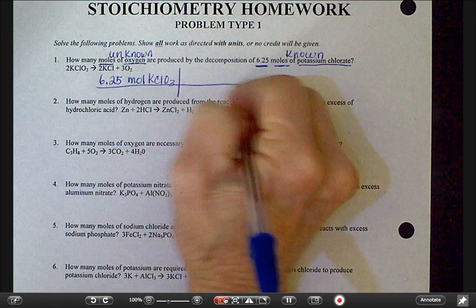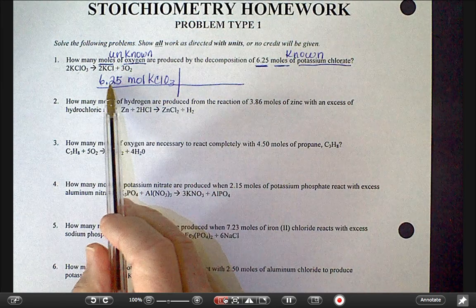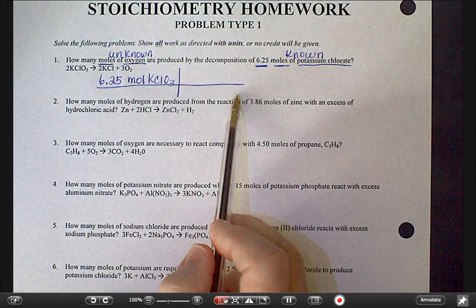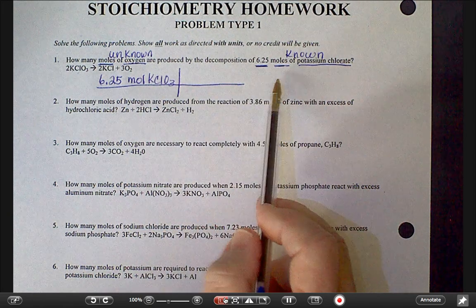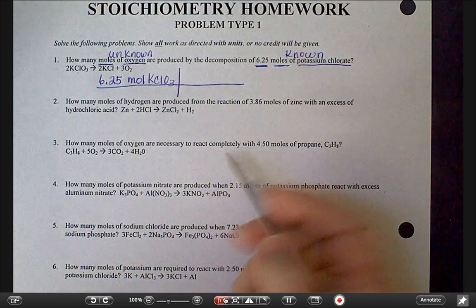Okay, and by the way, I'm going to grade this box by box. You must have a number, a unit, and who it is. Number, unit, and who it is. Each box is going to be an X. Number, unit, and who it is, and your answer, number, unit, and who it is. Everybody get my drift? Okay.